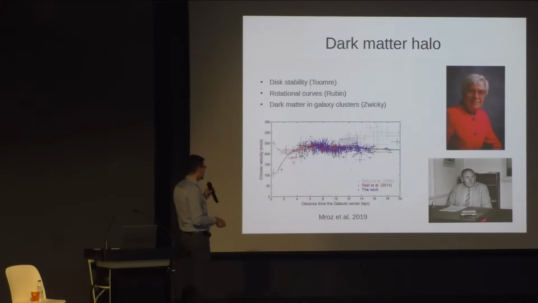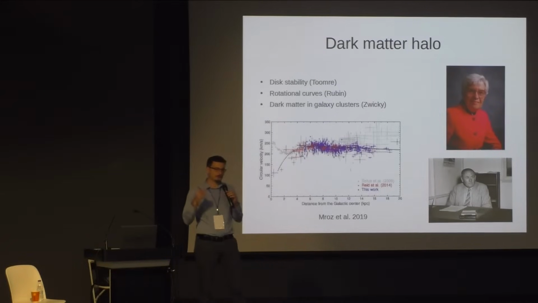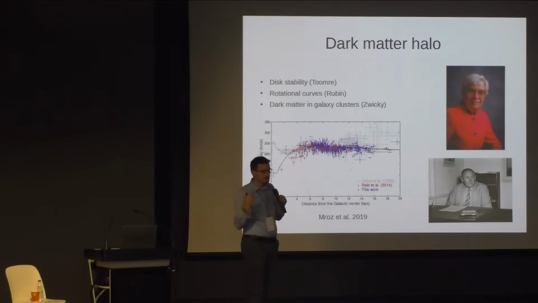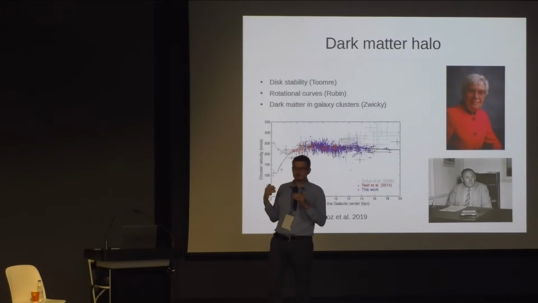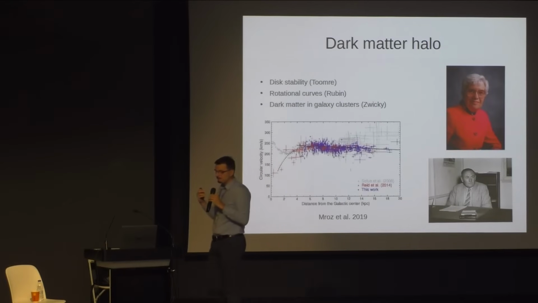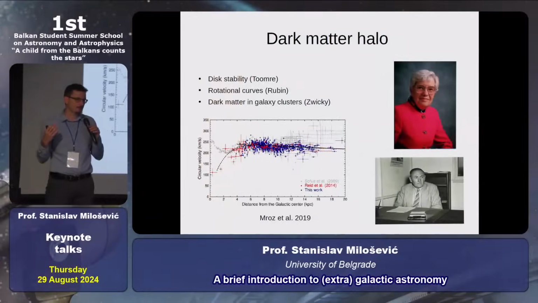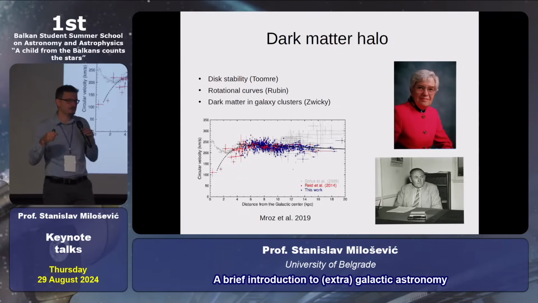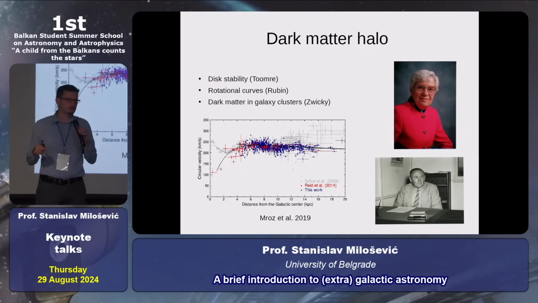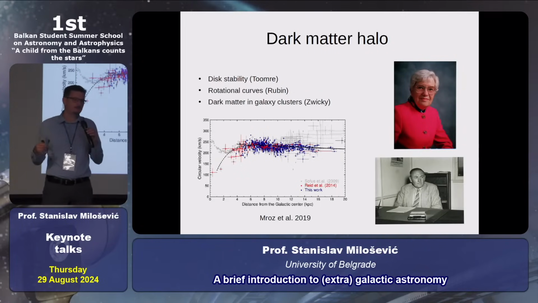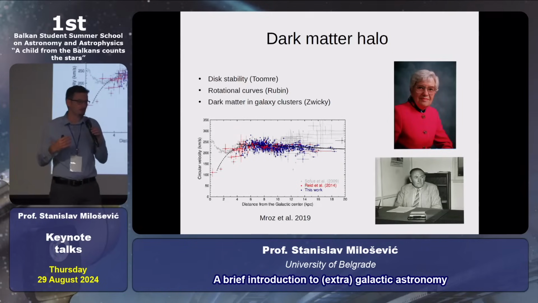And Fritz Zwicky also measured the velocity dispersions of galaxies on the edge of galactic clusters. In the same way, if you want a stable galactic cluster, you need to satisfy the virial theorem. It means that 2 times the kinetic energy over the potential energy should be equal to 1. If you have a higher kinetic energy, everything will fly away. If you have a higher potential energy, everything will collapse.